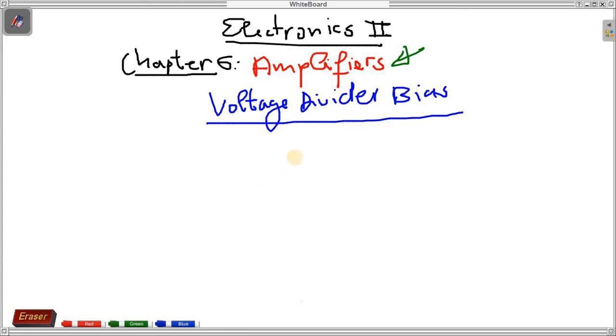It looks something like this. We have a voltage here that we call VCC, and then a resistor here that we call RC, connected to the transistor. Let me draw it properly. We have VCC, the voltage, and a resistor connected to the transistor.